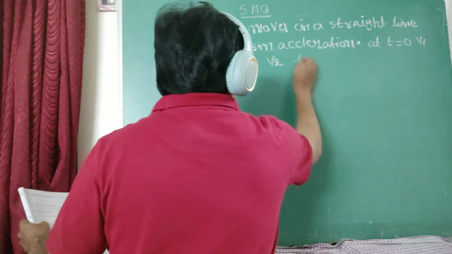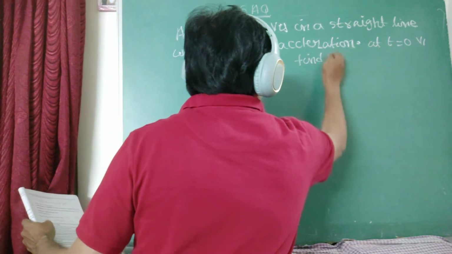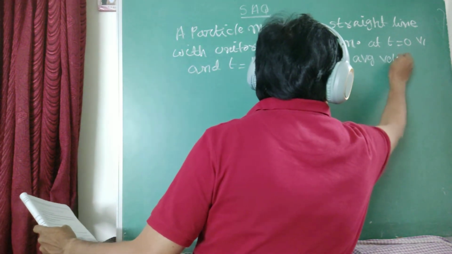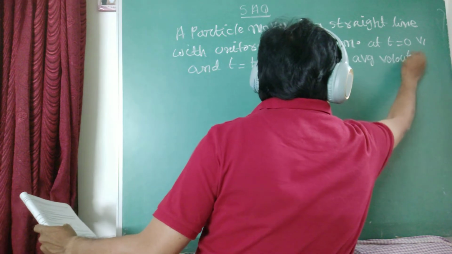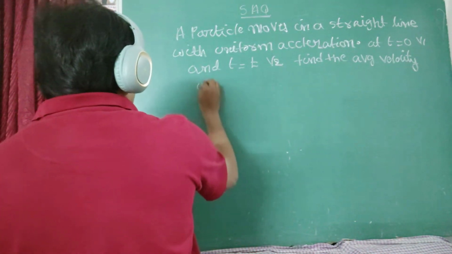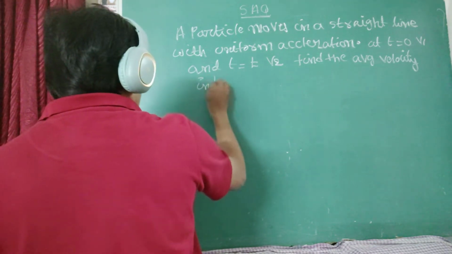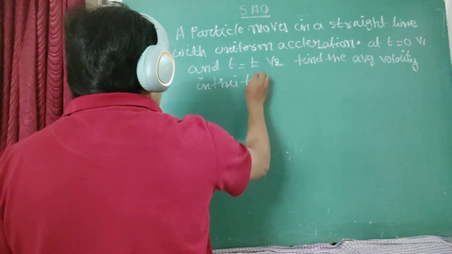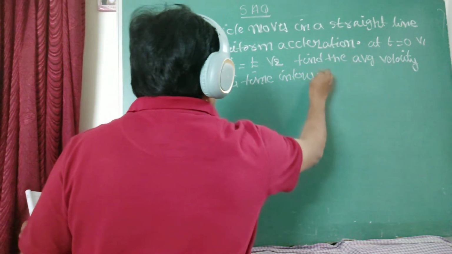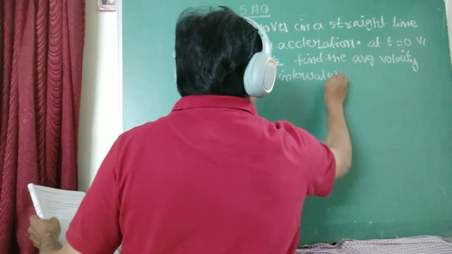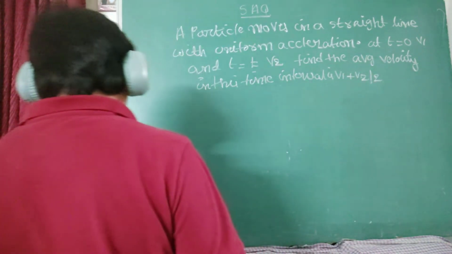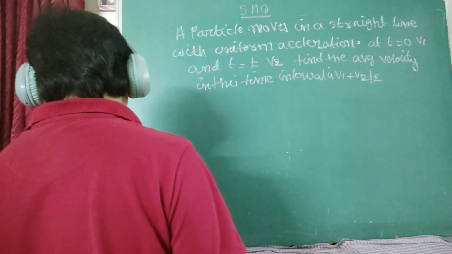Find the average velocity in this time interval. The answer is v1 plus v2 by 2.